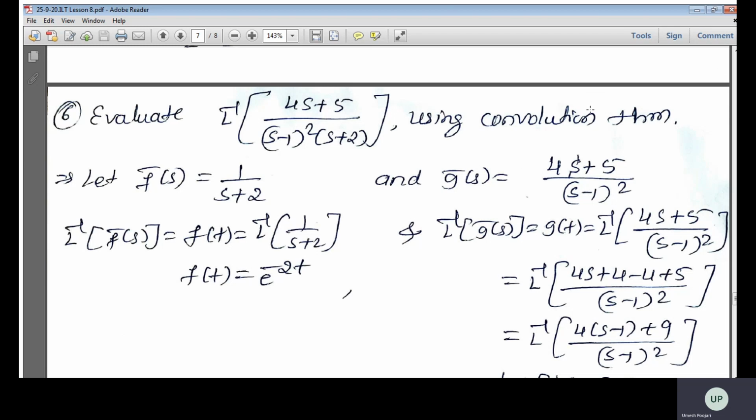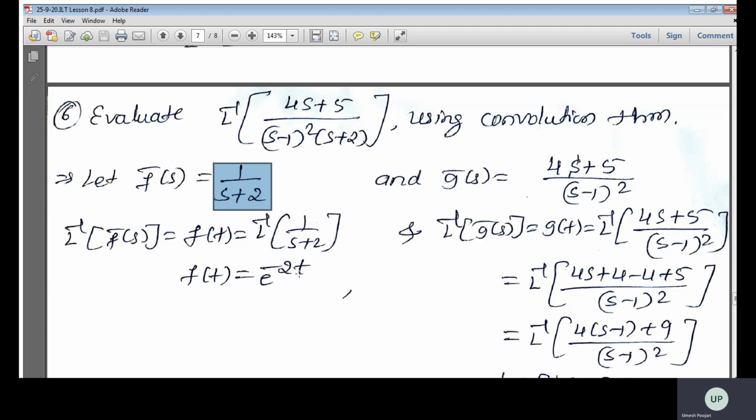You can interchange f bar and g bar. Not like you have to take 1 by s plus 2 equal to f bar only, and (4s plus 5) divided by (s minus 1) whole square equal to g bar of s. Not like that. But best suggestion is select f bar simple one. Simple one means it should be easy to find inverse. So here if you take f bar of s equal to 1 by s plus 2, what is the inverse of this?